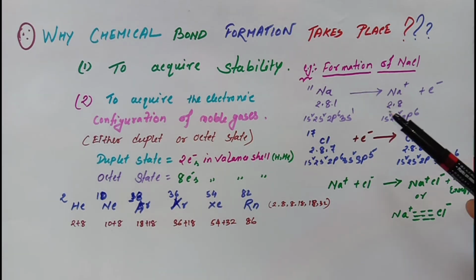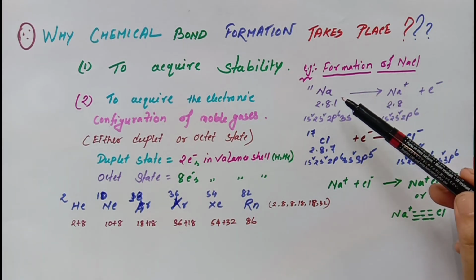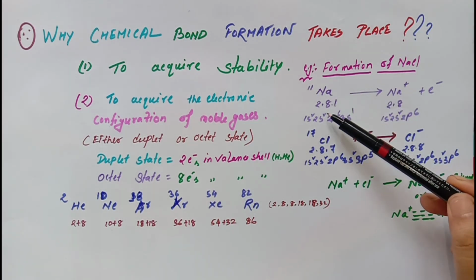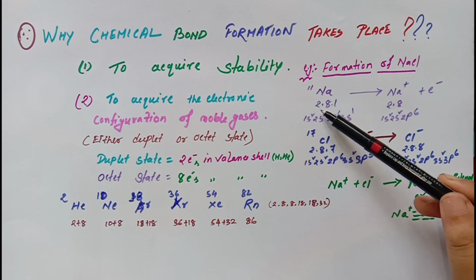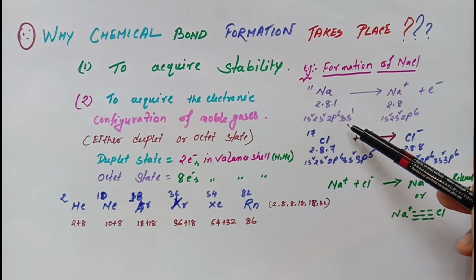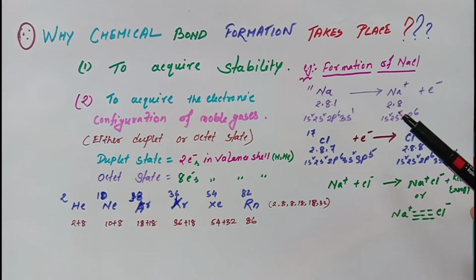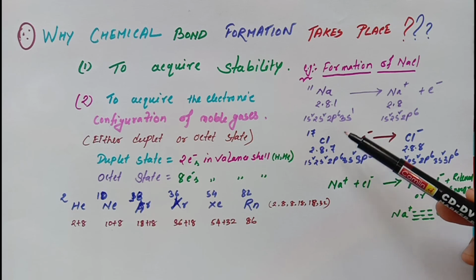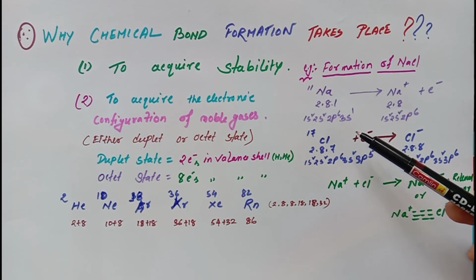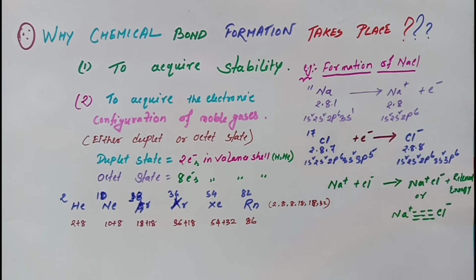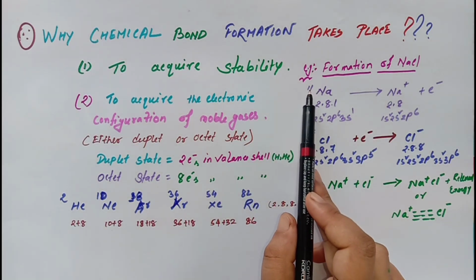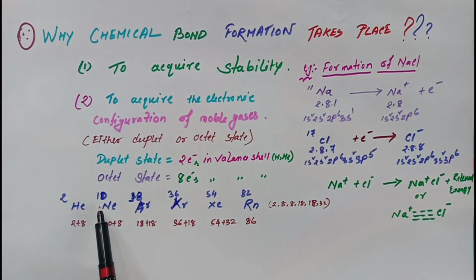As we have already mentioned in this example, sodium has electronic configuration 2, 8, 1, that is, its valence shell electronic configuration is only 3s1. So what is the nearest noble gas of sodium? The nearest noble gas of sodium will be neon, because the atomic number of sodium is 11 and neon's is 10.